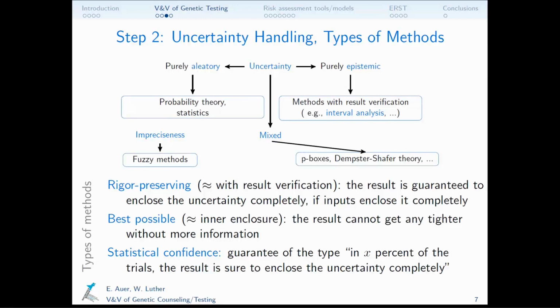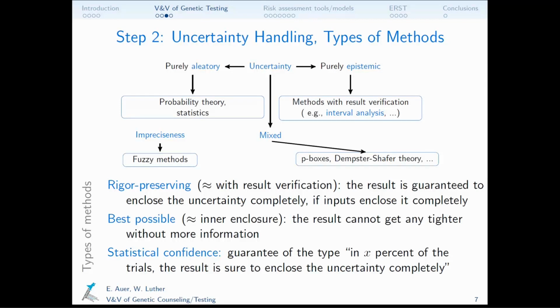And usually the aleatory uncertainty is handled with probability theory or statistics. The possibility to handle the epistemic uncertainty is to use interval analysis or other methods with result verification. If uncertainty is mixed, we can use Dempster-Shafer theory, p-boxes, or other things. Uncertainty is usually, or strictly speaking, not the same as impreciseness.